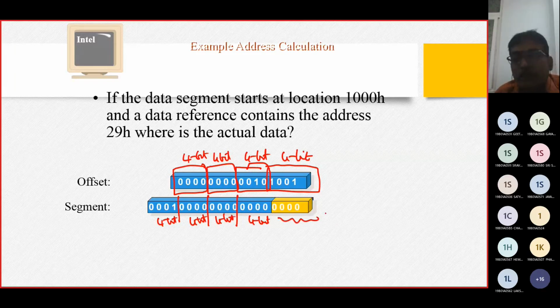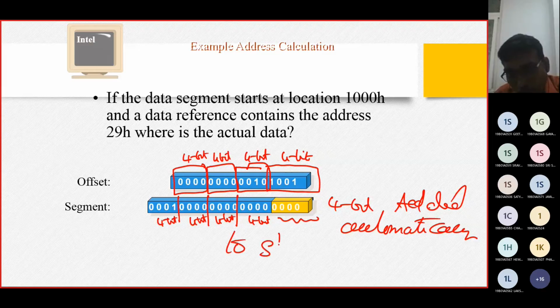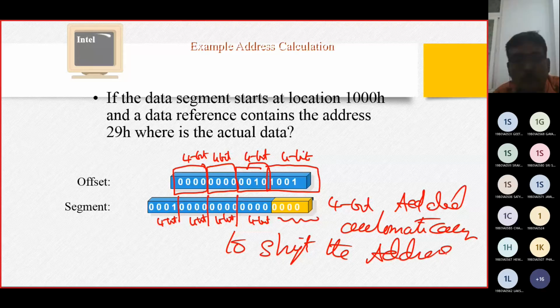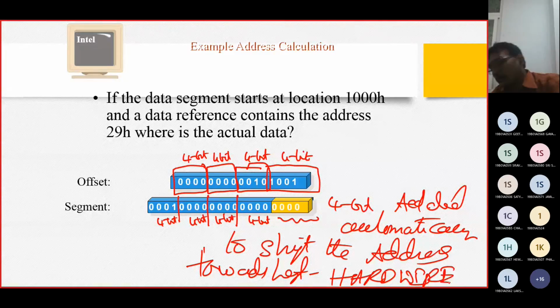And this part, 4 bits, is added automatically to shift the address towards the left. We call this concept hardwired.